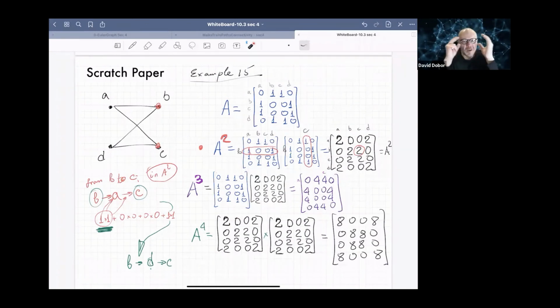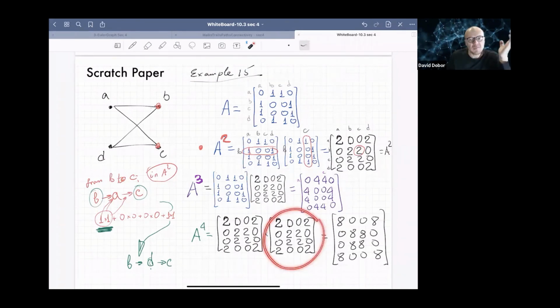Here's one way, probably a first way, why matrix multiplication this way makes sense. In this context, this rule of multiplying matrices counts the number of paths of a given length. If I take the adjacency matrix to the 15th power, I find paths of length 15 in the graph, from any vertex to any vertex.